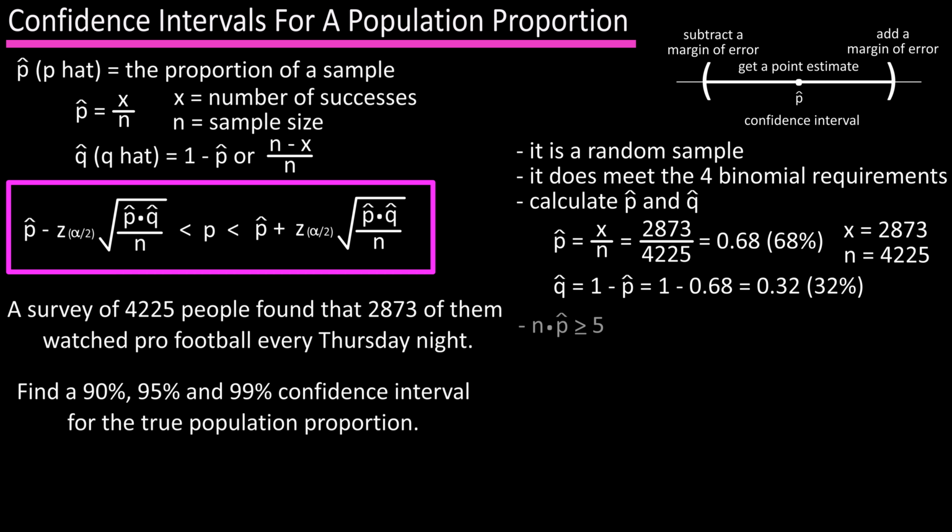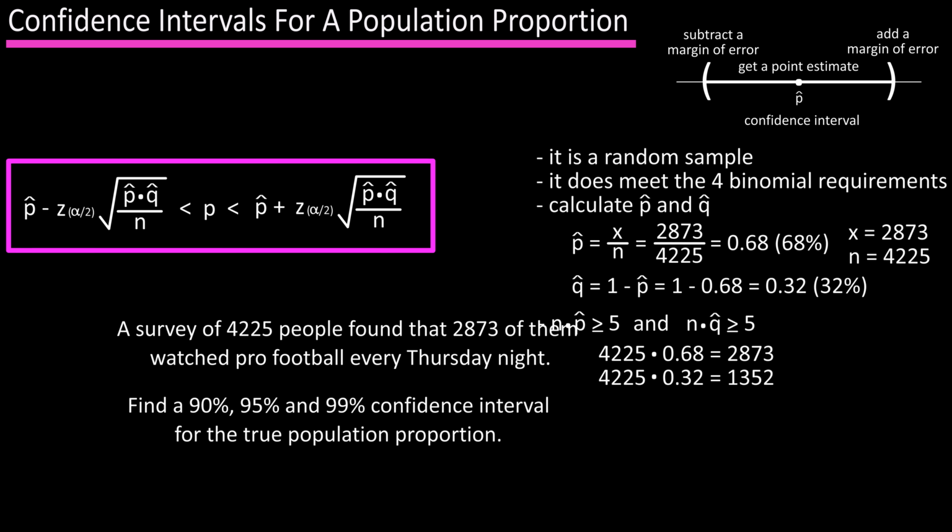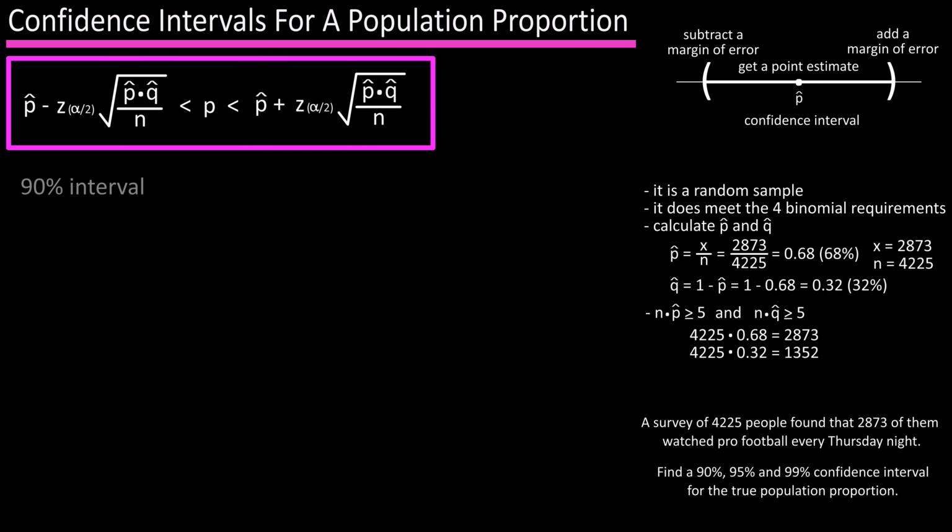Next, we need to make sure that n times p hat is greater than 5. And 4,225 times 0.68 equals 2,873. So we're good there. And n times q hat, 4,225 times 0.32 equals 1,352. So we're good there. Now we can construct our intervals, starting with the 90% interval.